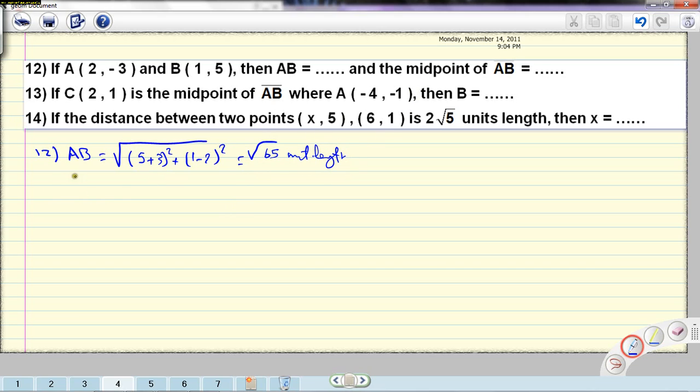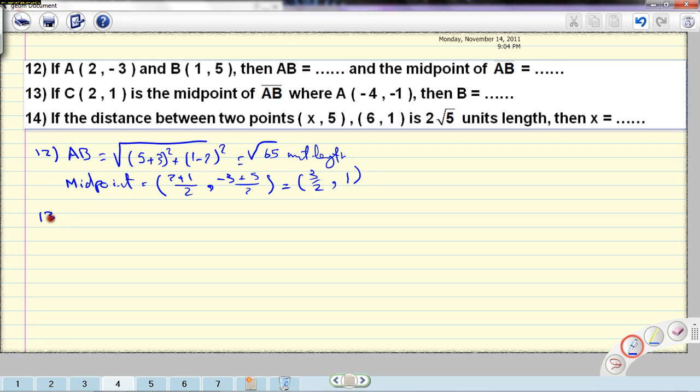Next, the midpoint of AB. The rule of the midpoint, I'm going to add A plus B divided by 2, so 2 plus 1 over 2, comma, negative 3 plus 5 over 2. And the answer here will be 3 over 2 and 1.